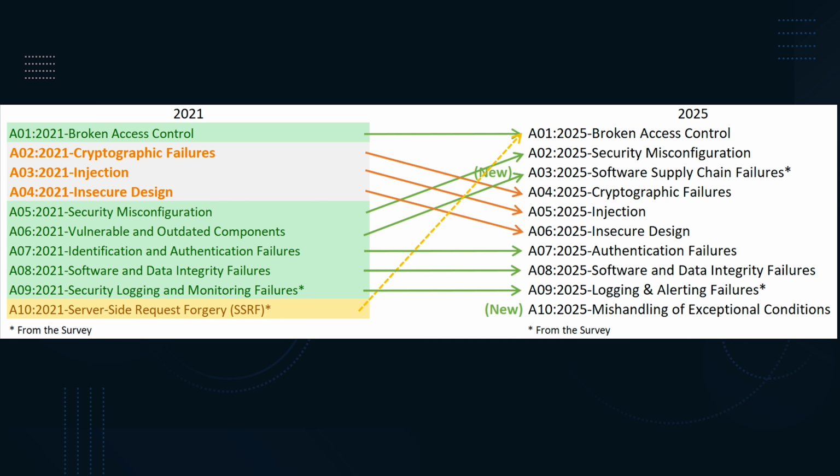And a new category: mishandling of exceptional conditions. This category discusses what happens if something goes wrong, right? What if the system moves to a state which is not supposed to be there, or which is an exception? What will happen to the system?